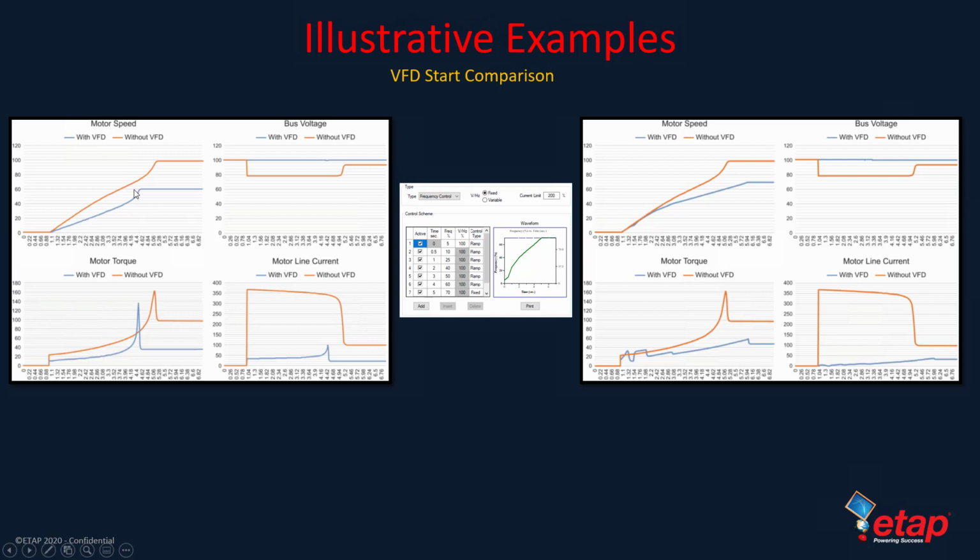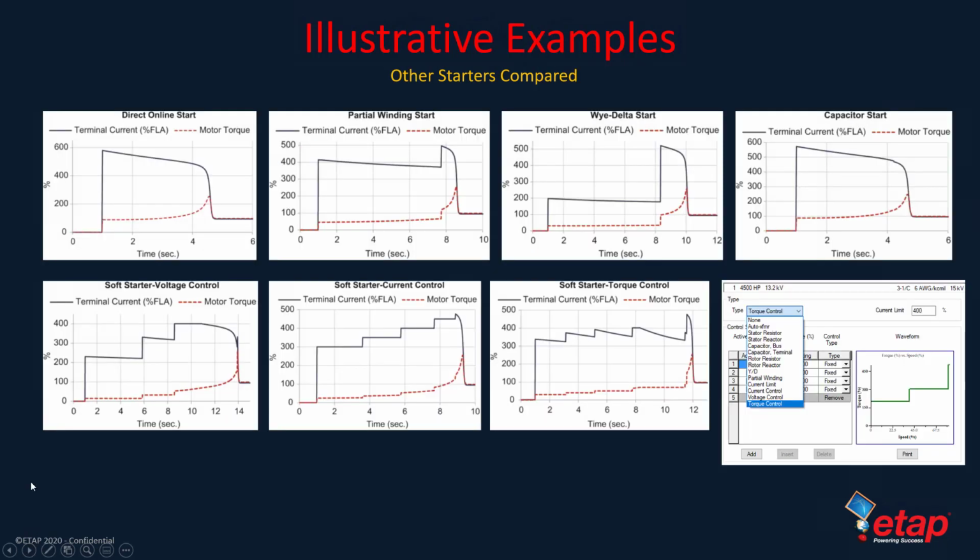And you could quickly see the comparison between motor speed, which one took faster to start, what was the impact on the bus voltage, what was the impact on the line current, and in the center is essentially the VFD drive controller that was used for this simulation. And supported in ETAP is the partial winding start, the wye delta start, the capacitor start.